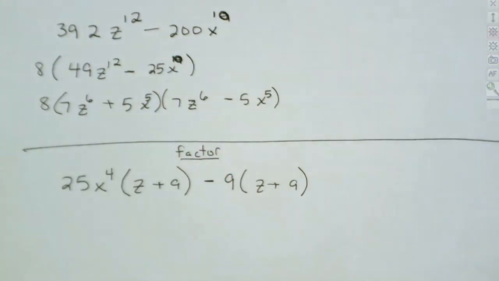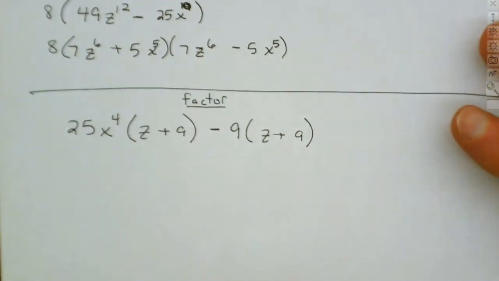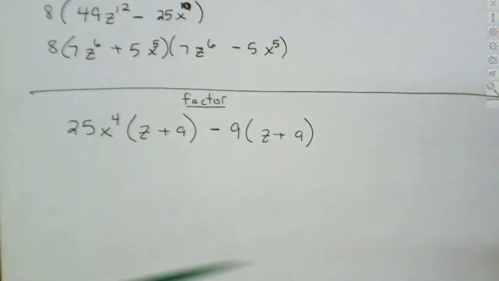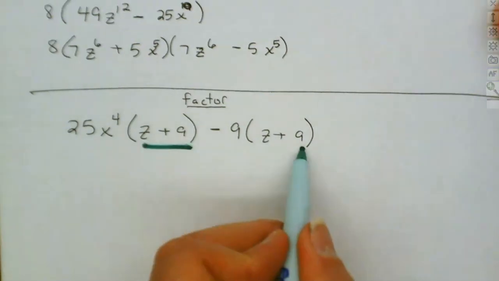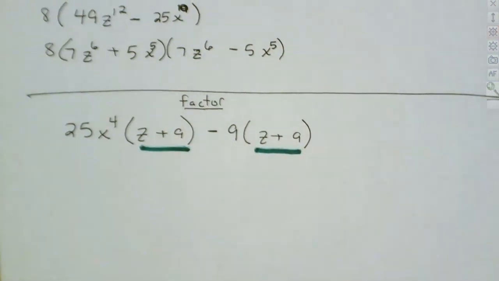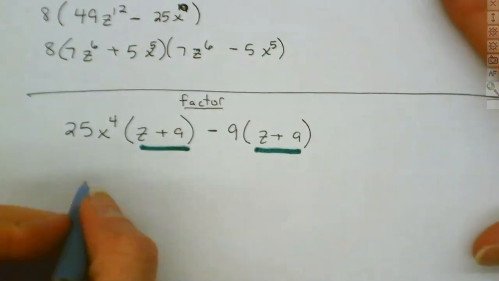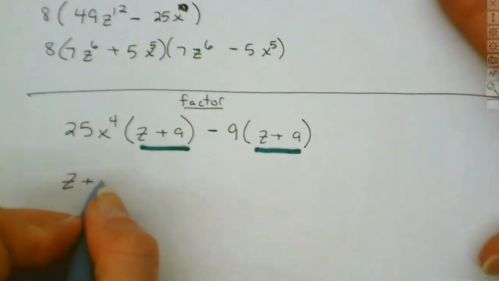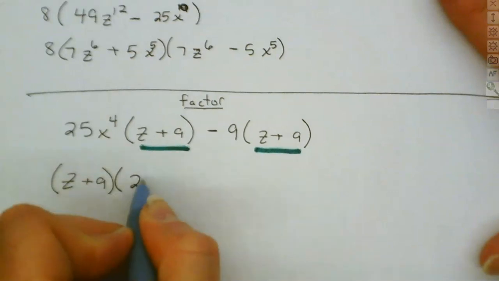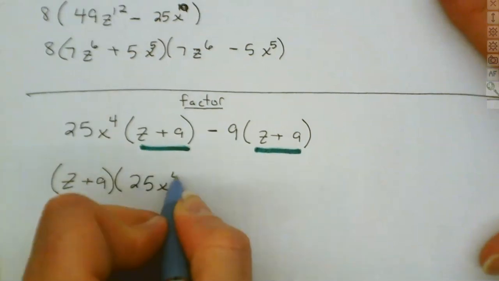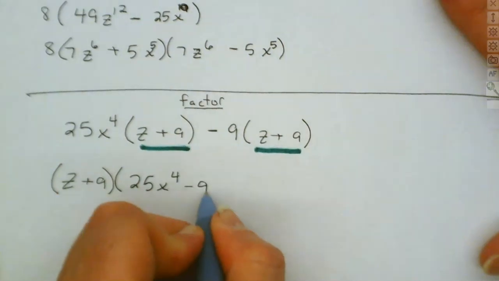The first thing I always do is I look to see if we have either a variable or a combination of variables that are the same. In this case, we have our parentheses, right? These are numbers and variables, and they are the same. So I can take out a z plus 9. And what's going to be left over? 25x to the 4th minus 9.